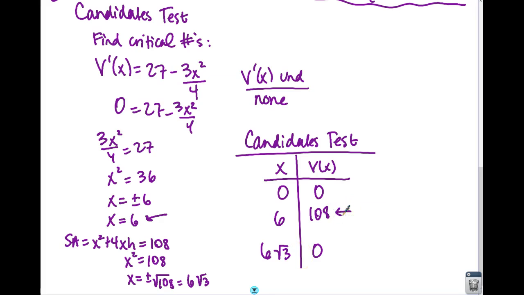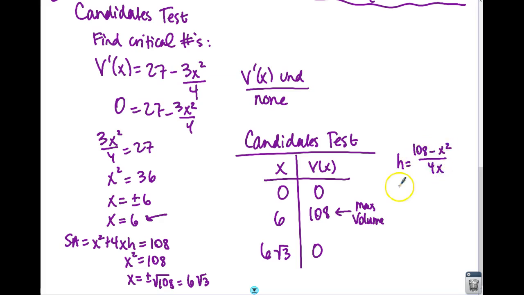But that's not what they're asking. They're asking for the overall dimensions. So this is where it occurs. If x is 6, the dimensions of my box are x by x by h, and x by x by h has to give me my maximum volume. So I need to figure out what h is equal to. We already had an equation for h earlier. Remember, h was equal to 108 minus x squared over 4x.